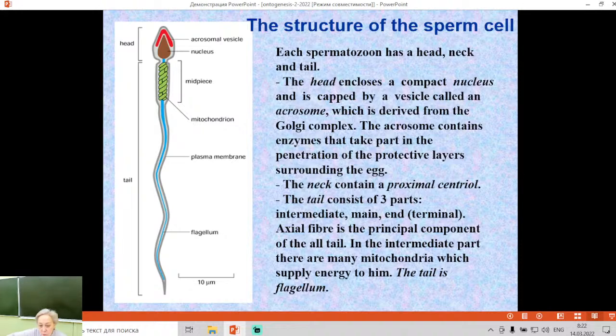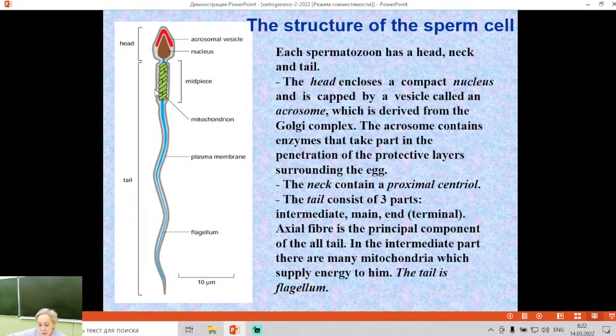And on the surface of the membrane are located a lot of receptors. The neck contains a proximal centriole.